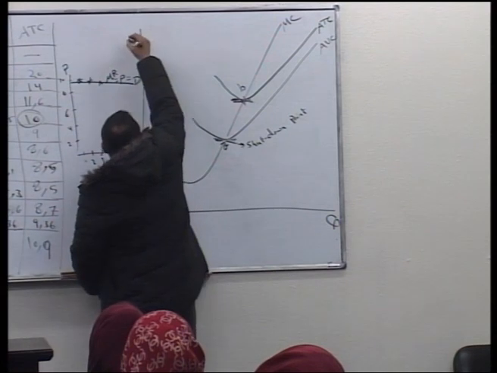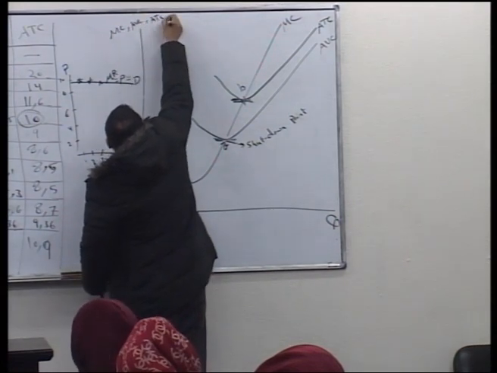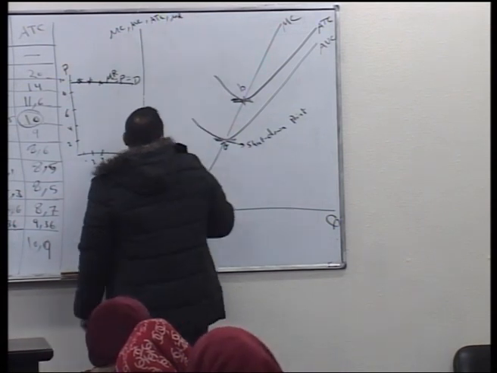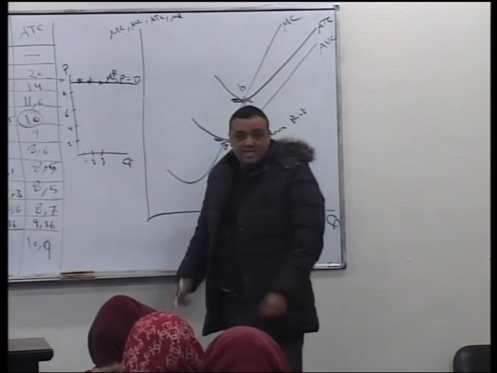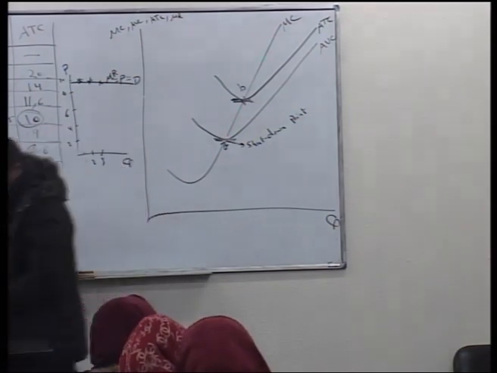Now the question: if the price was here, in this graph with MC, AVC, ATC, and the price or marginal revenue, above the ATC.